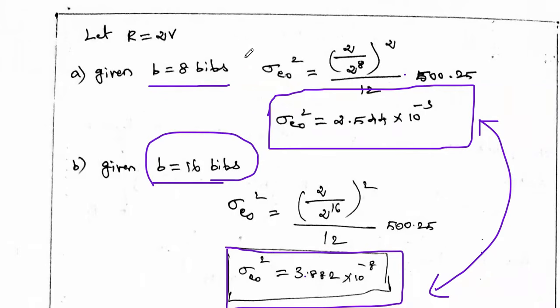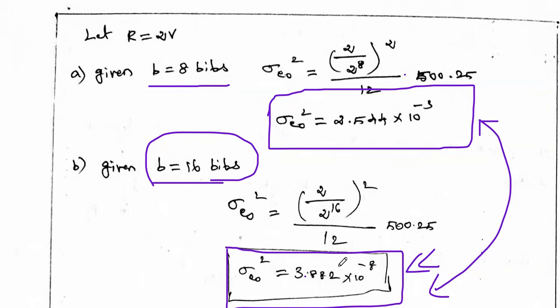For 8 bit, the error value is 2.544 into 10 to the power minus 3, but for 16 bit, the quantization noise power is 3.82 into 10 to the power minus 8, which is very small. So from this problem we understand that the quantization noise power reduces if the number of bits used to perform the quantization increases. This is the conclusion.